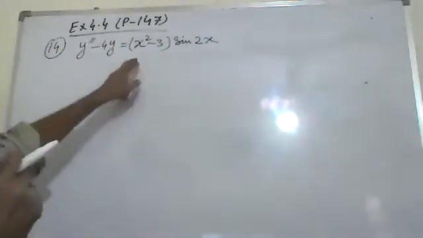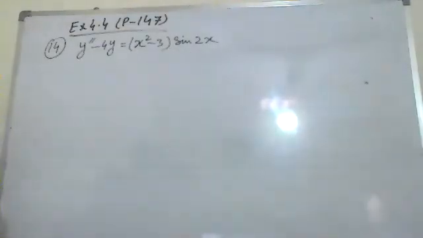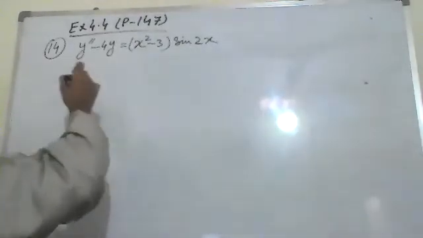Now this algebraic function and the trigonometrical function are being multiplied. They are not sum or difference. This is the multiplication, the product. So first of all, we will find yc.